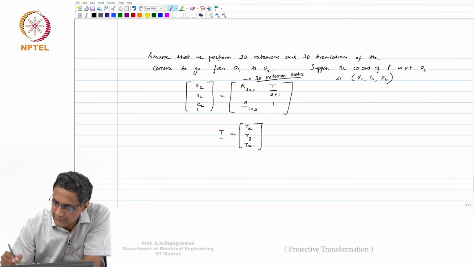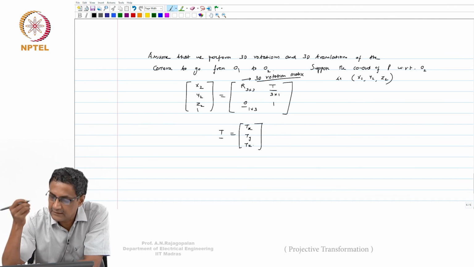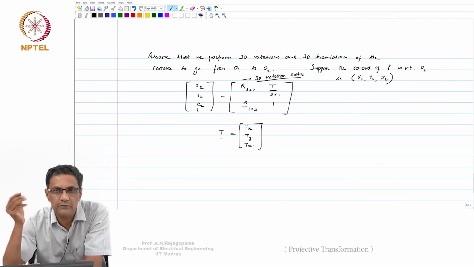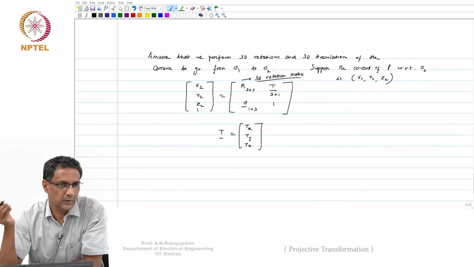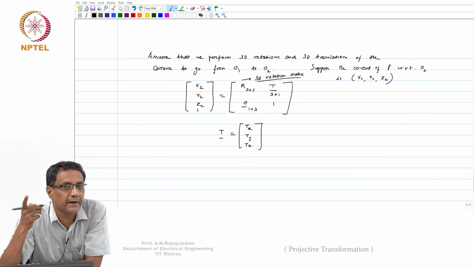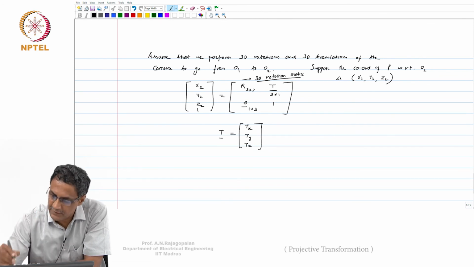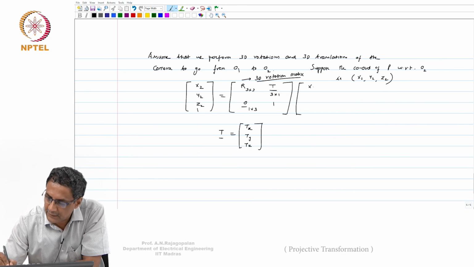In a general case, the camera can translate along x, y and z directions. And this R will be a composition of rotations about the x axis, y axis, z axis in whatever order. There are very elegant ways to interpret this R, which we will see later. And then this acts on x1, y1, z1, 1.